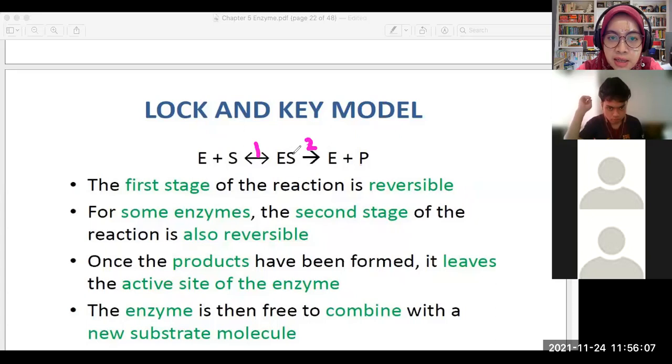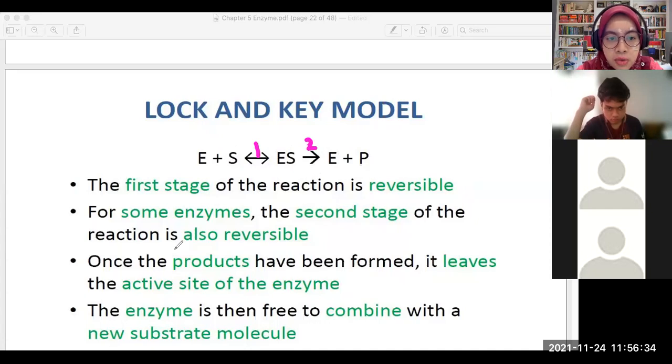Reversible means that after forming the enzyme-substrate complex, the substrate can decide to leave the enzyme without its structure having changed. And in some cases, even after forming product, the product can reverse its state back into a complex like this, or even back to its substrate form.